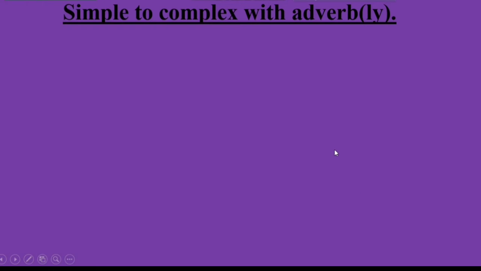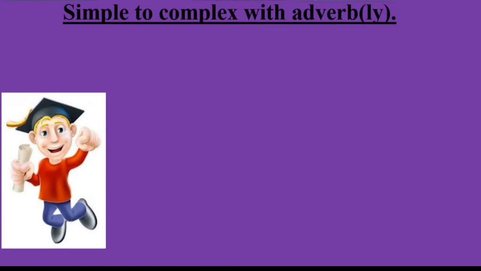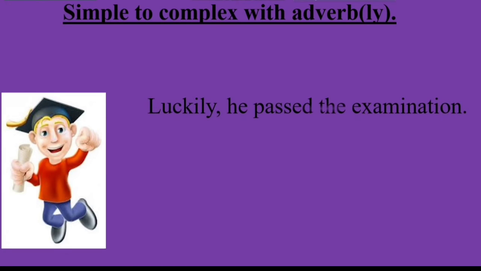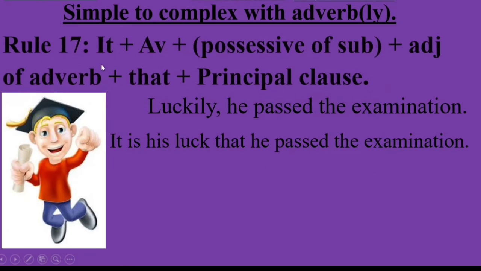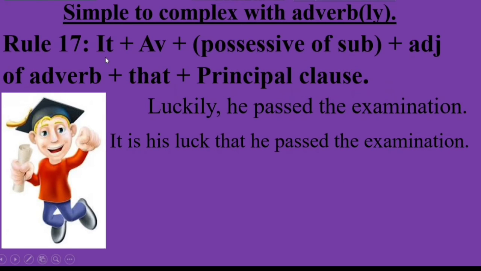Simple to complex with adverb, that means adverb with ly. Luckily, he passed the examination. It is his luck that he passed the examination. Yes, at first it plus adverb, then possessive form of subject.